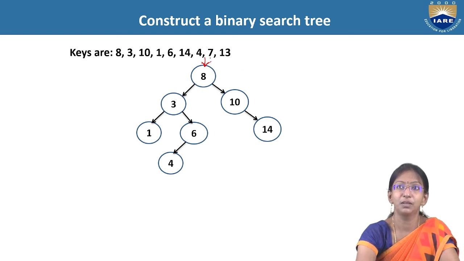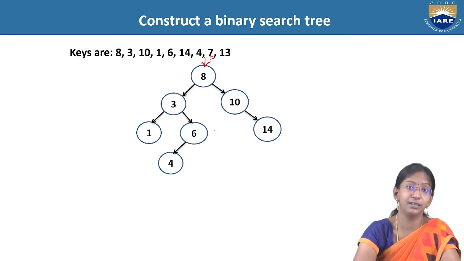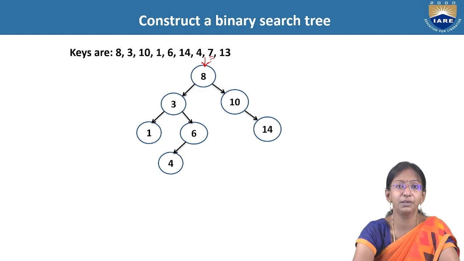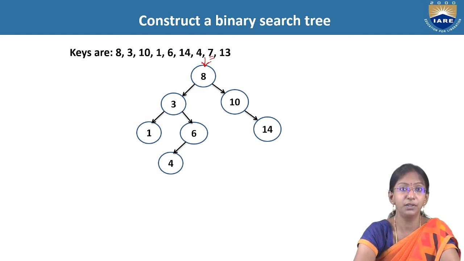Next element, 7. Start the same. As I said in the first slide itself, in trees, whether it is search, insert or delete, you have to start with the root. The only address that we have in our hands will be the address of the root. Yes, let's compare. Compare 8 with 7. 7 is lesser.